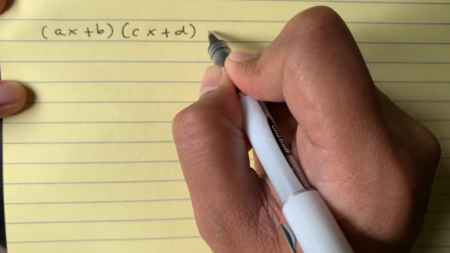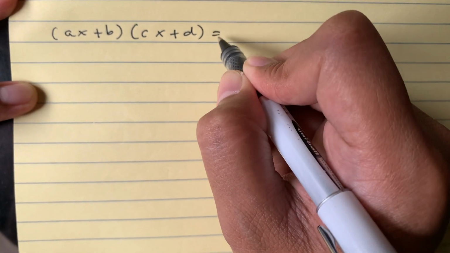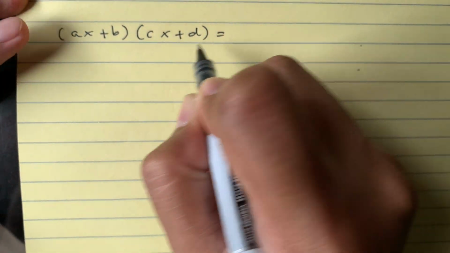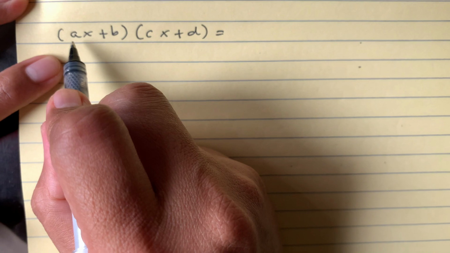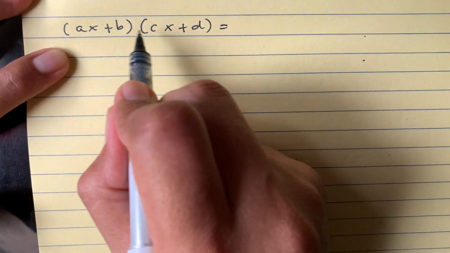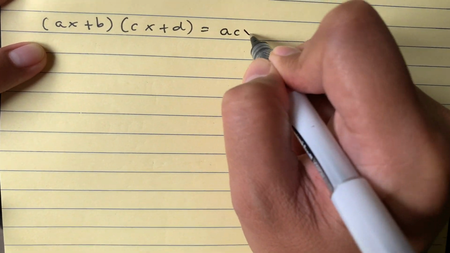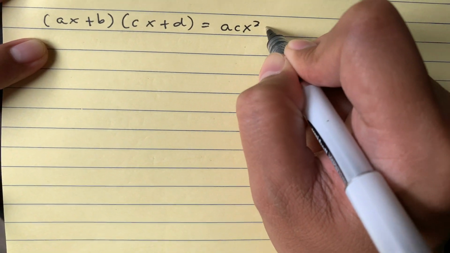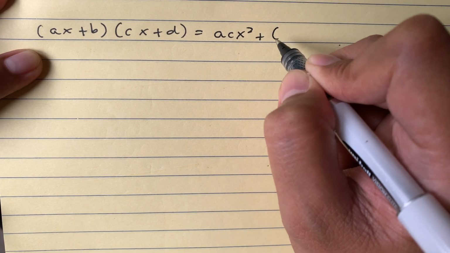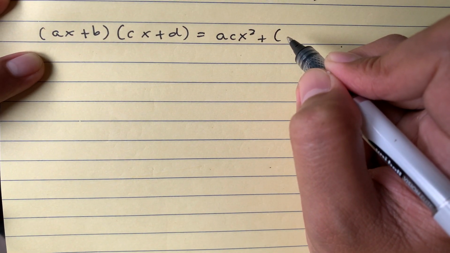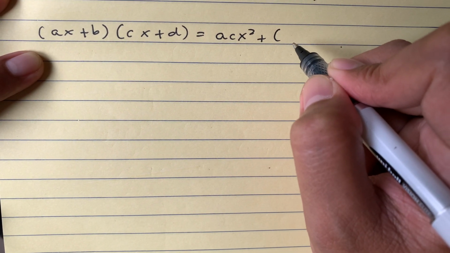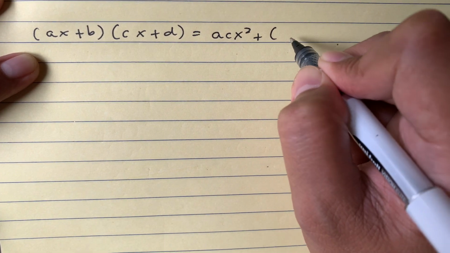So here, if we are going to simplify this, we are going to get the product of the coefficients of the first term of both binomials. So we have acx squared plus simply the sum of the products of your outer terms and your inner terms.